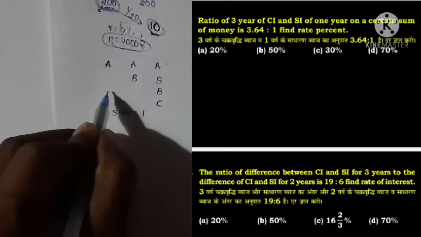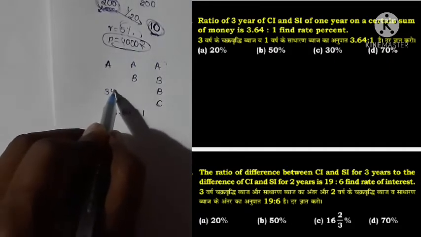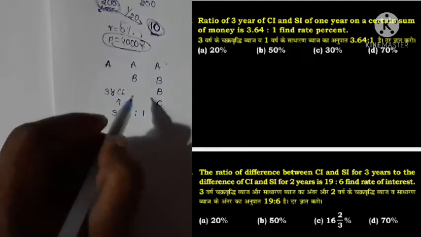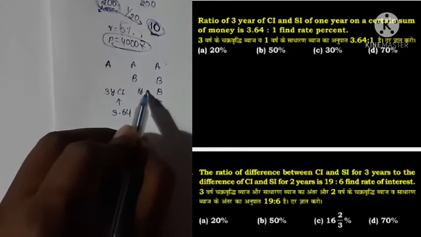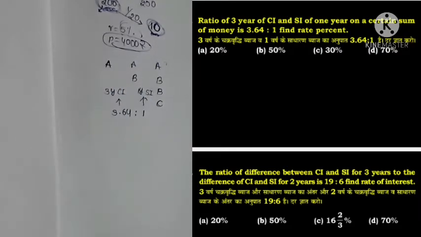This value is 3 year compound interest. This one is 1 year simple interest.